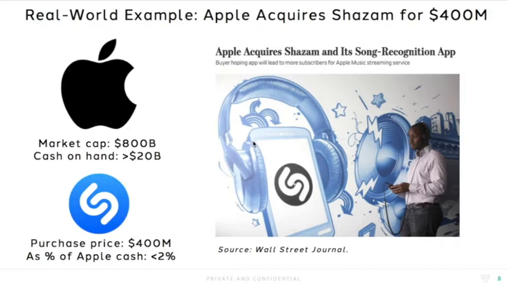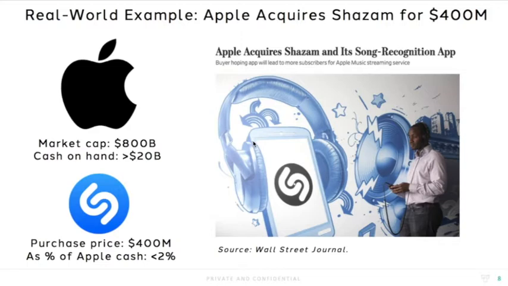They had the cash. They went out, hired an investment bank, did their due diligence to figure out what Shazam was worth, and then they wrote a check to buy the company out of their bank account, essentially. So again, an investment bank here would have represented Apple as they looked at Shazam, researched the financial statements of Shazam, and determined how much it was worth.